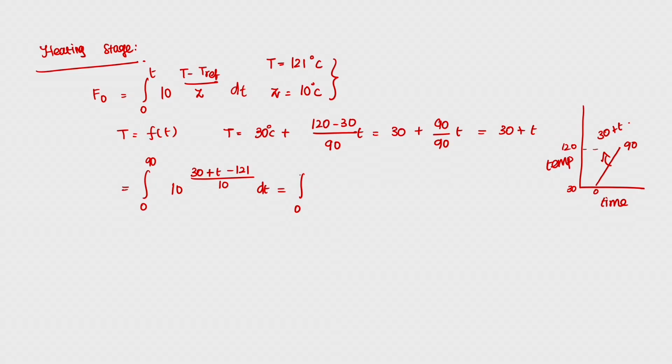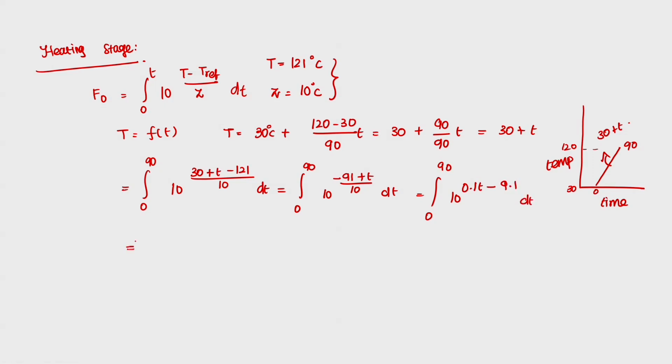Without dt we cannot integrate. Here 30 minus 121 is nothing but minus 91, so it is (minus 91 plus t) divided by 10 into dt. So this becomes integral from 0 to 90 of 10 to the power of (0.1 t minus 9.1) dt.